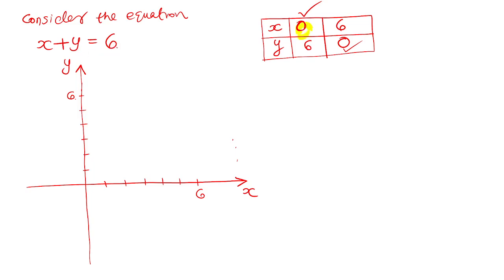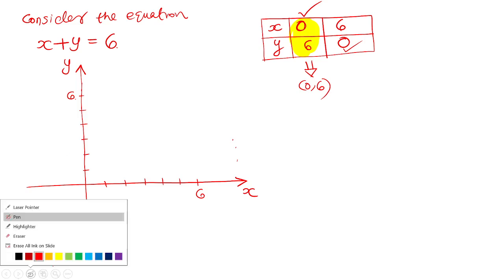Here we have a point 0, 6. We studied plotting points in the 9th standard. When x is 0, y is 6. So 0 comma 6 is on the y-axis. Just mark it.